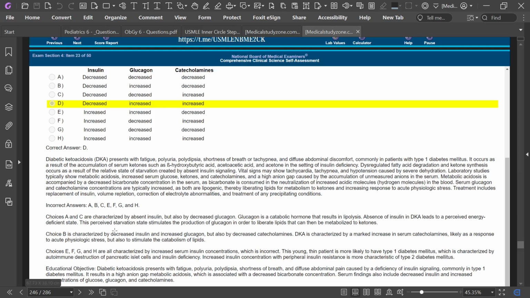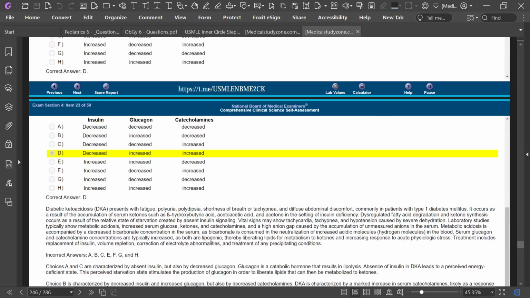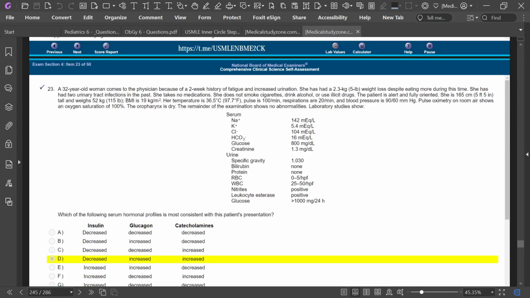But in HHS the glucose level is more than 600, up to 1000. I don't know why it is DKA. Oh, I get what you're saying. Because here it's like 800, so it should be HHS. That's what you're saying. It should be HHS. That's my thinking.